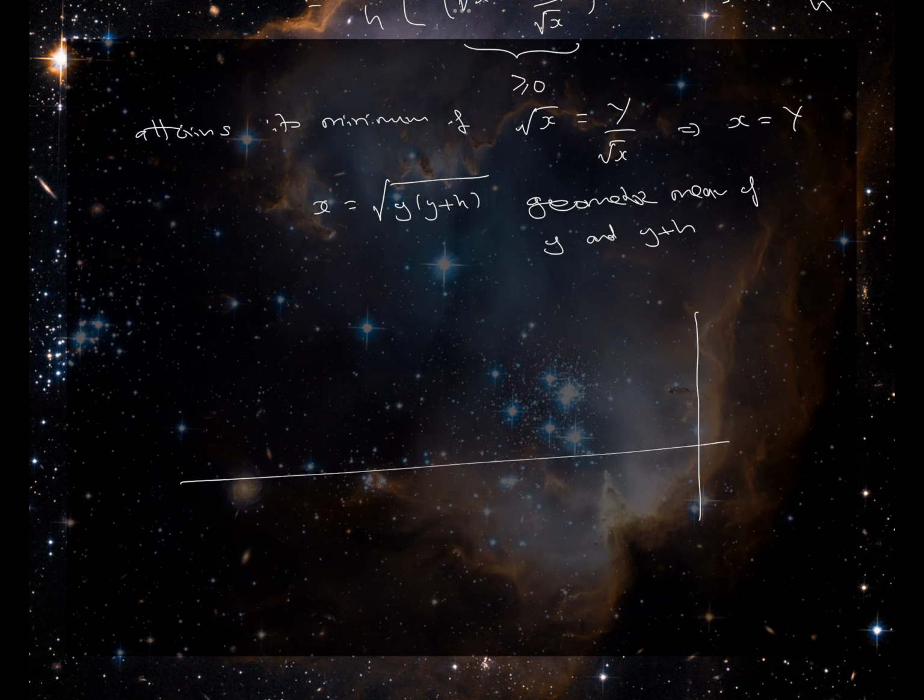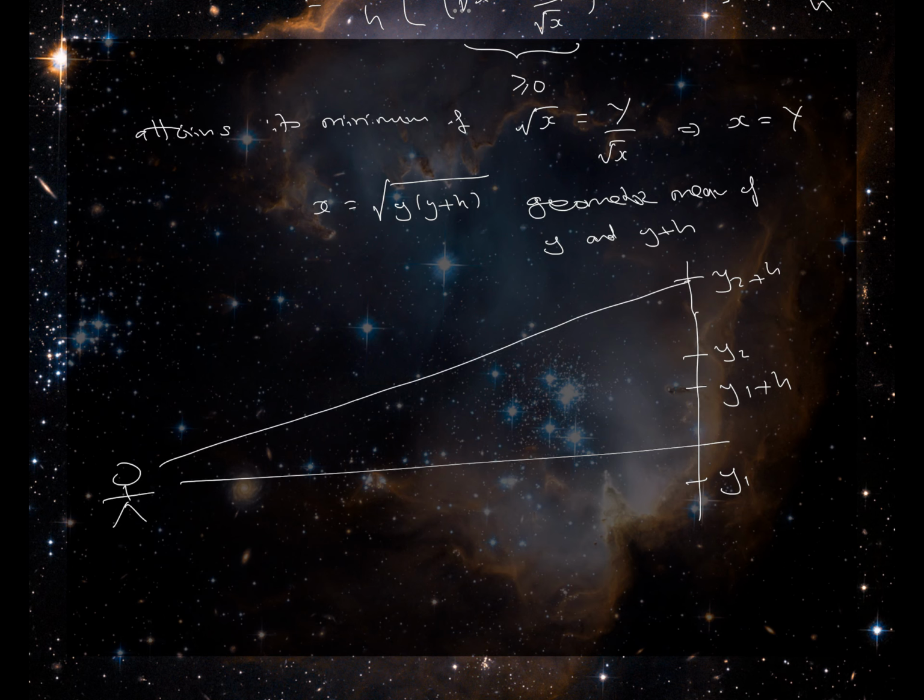Now consider the case where we have y1, y1 plus h, y2 plus h for the relative heights, and there's our observer again. So we have the angle subtended from the upper stories and the angle subtended from the lower stories.